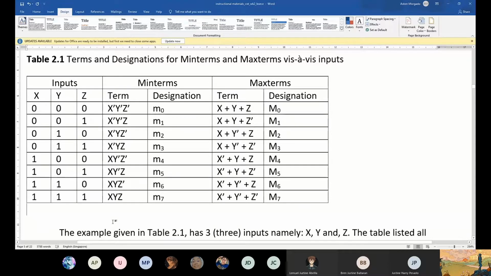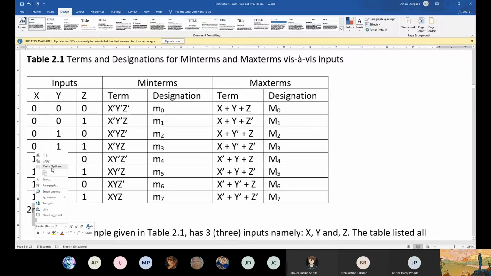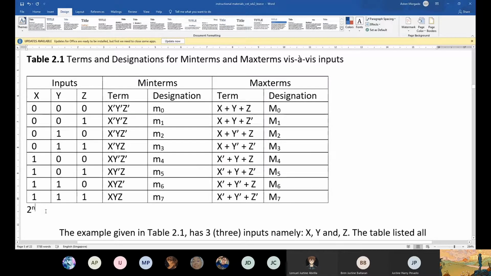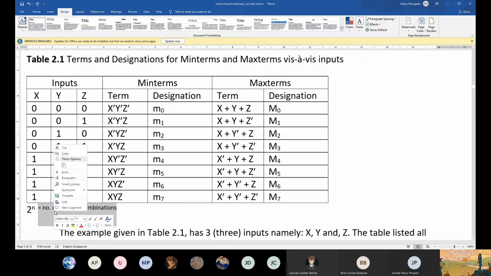Okay. So 2 raised to n is the number of possible combinations, where n is the number of inputs.